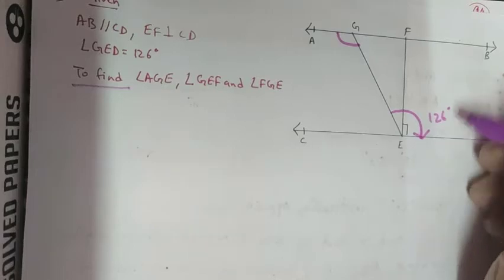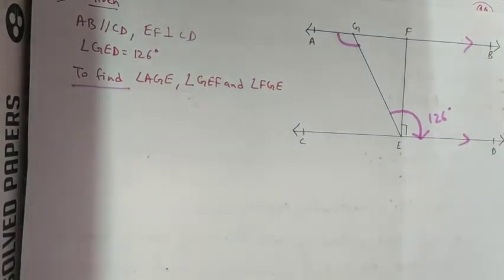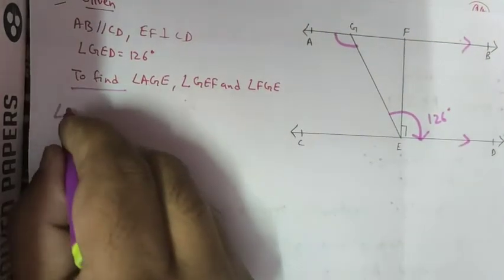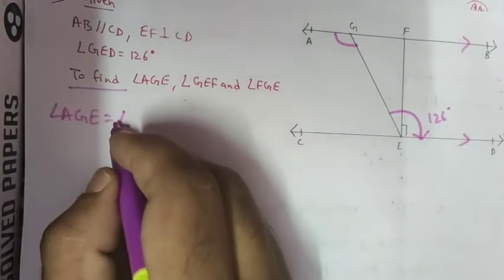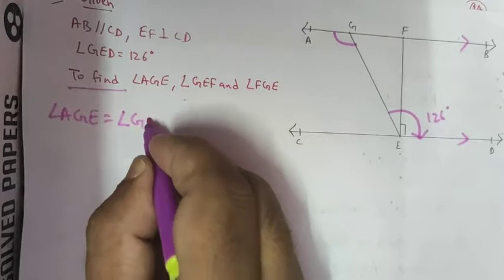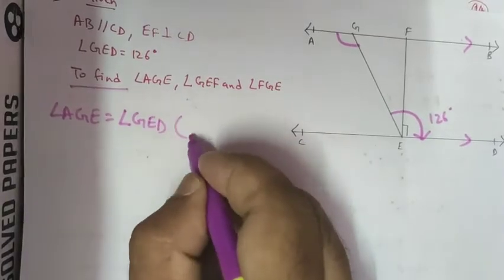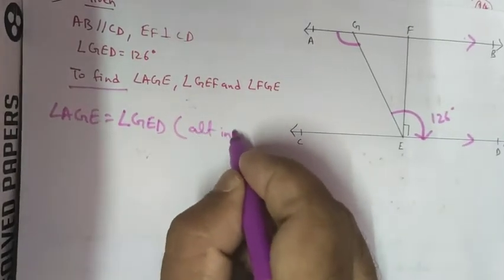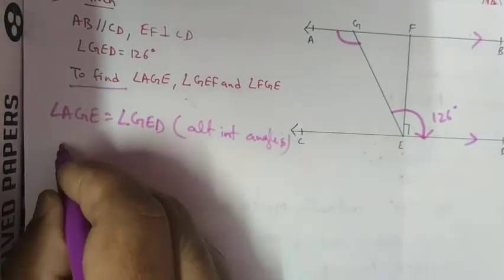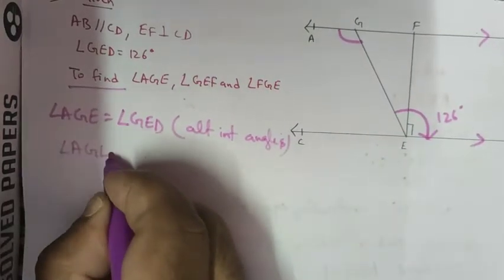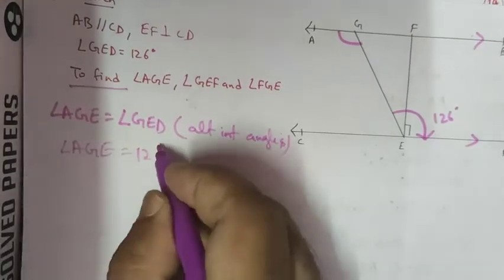Since these two lines are parallel to each other, angle AGE will be equal to angle GED. Why? Because they are alternate interior angles. So angle AGE is 126 degree.